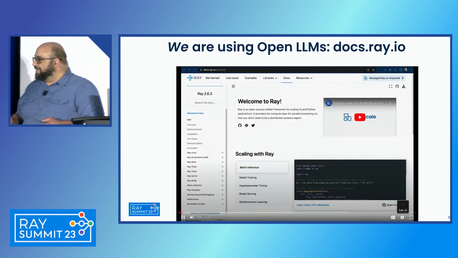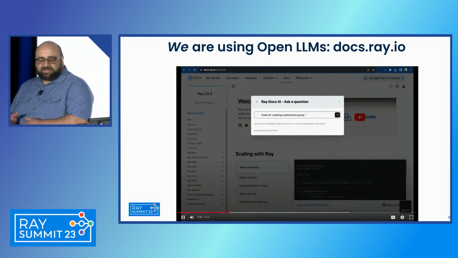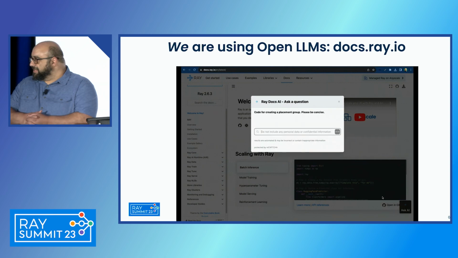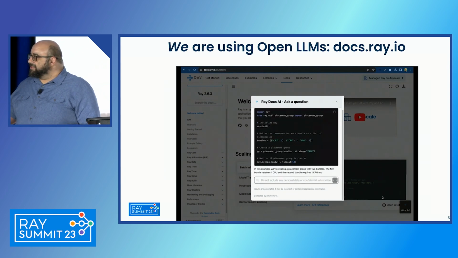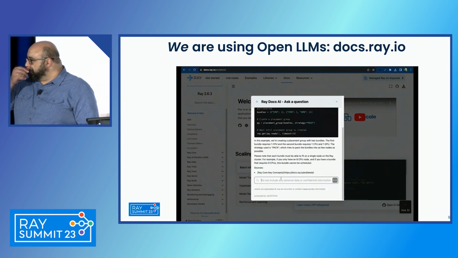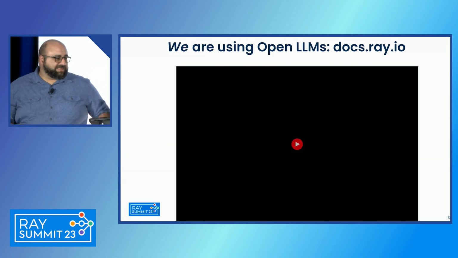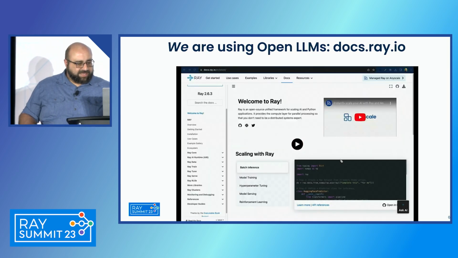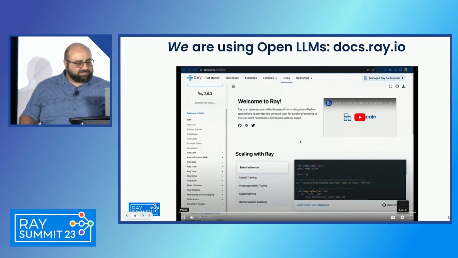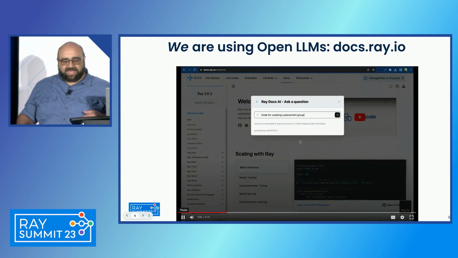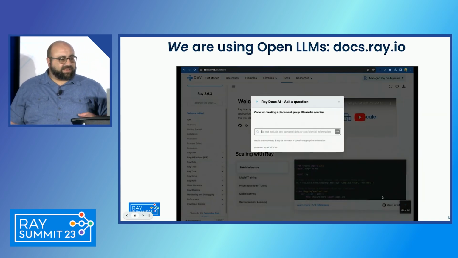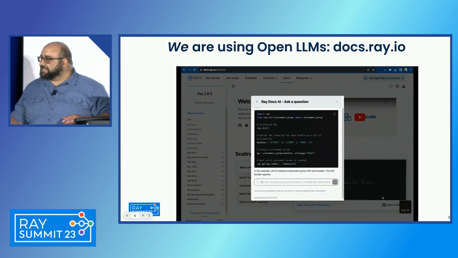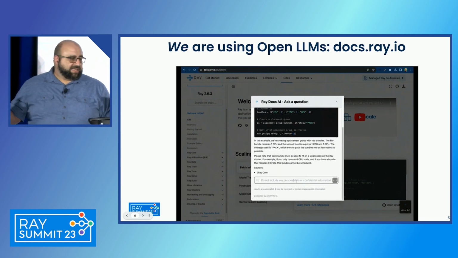One other thing is that we use open LLMs in a production application. This is the demo that Philip and Goku showed at yesterday's keynote. I'll play it again, sped up by 3 times. You click on the Ask AI icon, ask a question, and it generates an answer about how to use Ray in seconds.